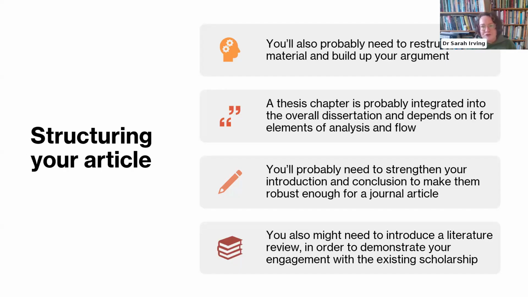Not everybody will have to do all of the things on this list here, but it is likely that everybody will have to do at least some of them. And you will certainly do well to consider all of them and to think about whether your article already ticks these boxes, or whether there are things that you need to add to it.